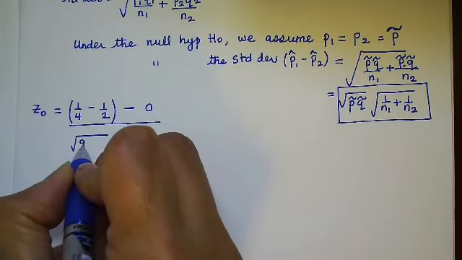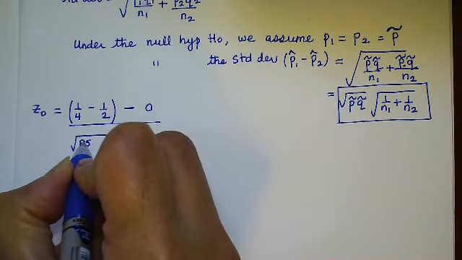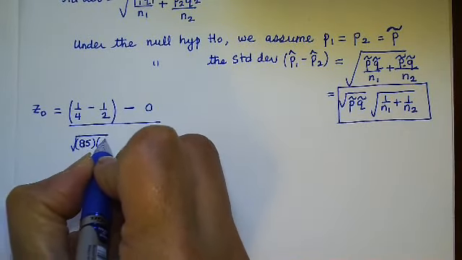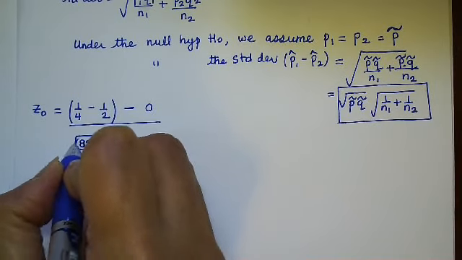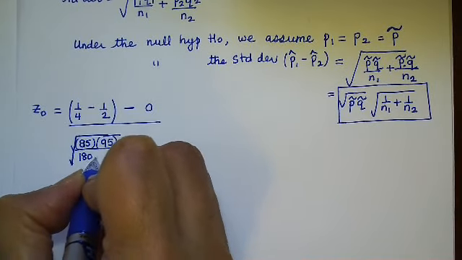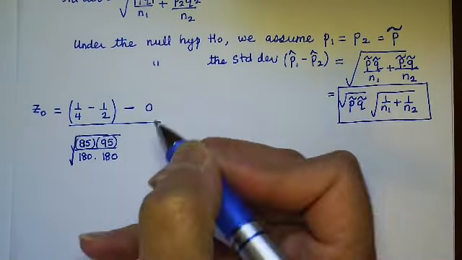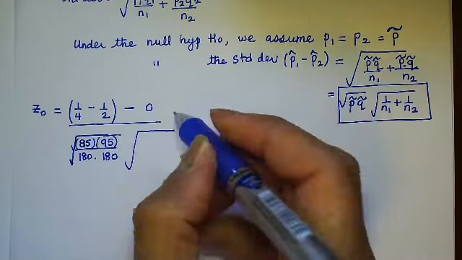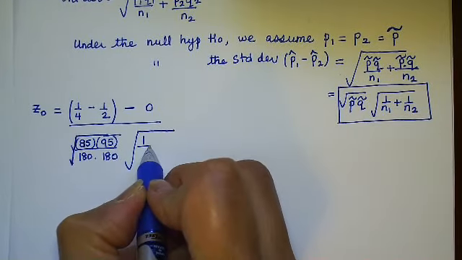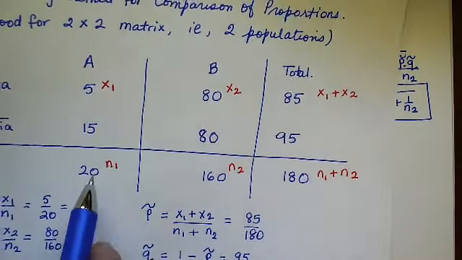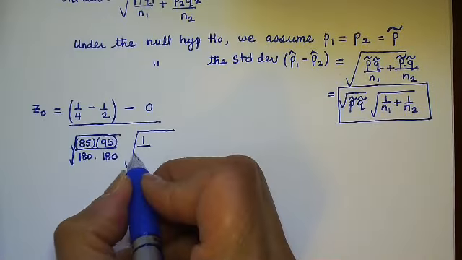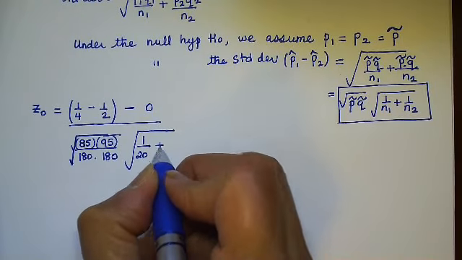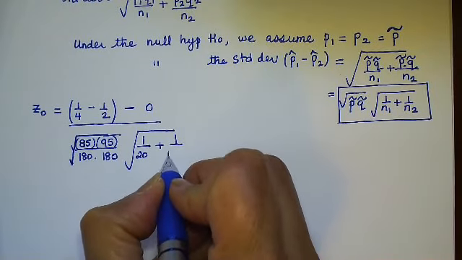P tilde was 85 over 180 and Q tilde 95 over 180. So 85 times 95 over 180 and 180, times the square root of 1 over N1 plus 1 over N2.